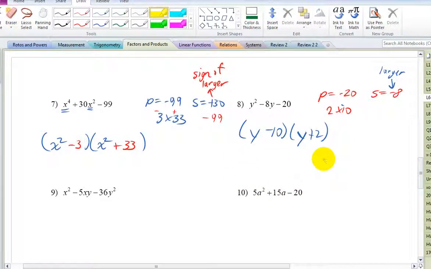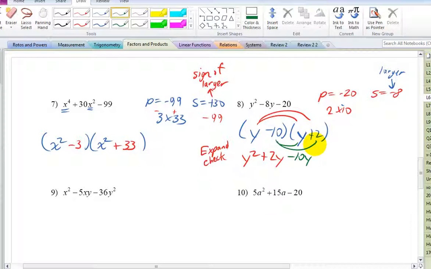Okay. So if I multiply this one out, if I said to expand, to do a check, then you would get y times y, y times 2, -10 times y, and -10 times 2.